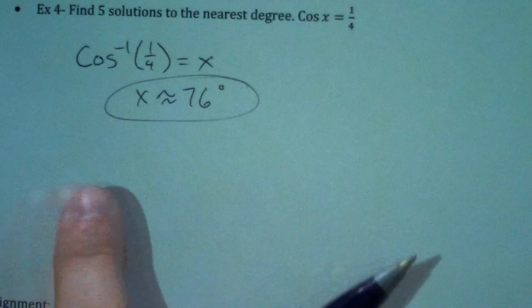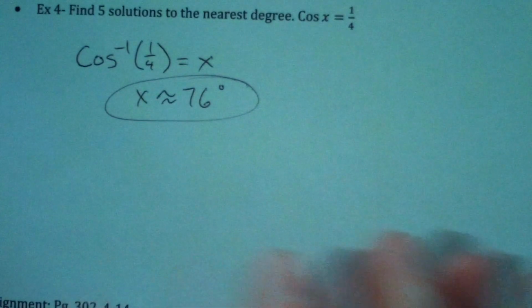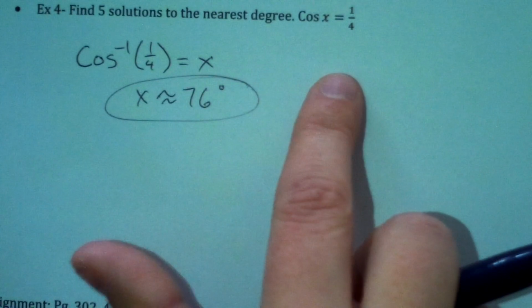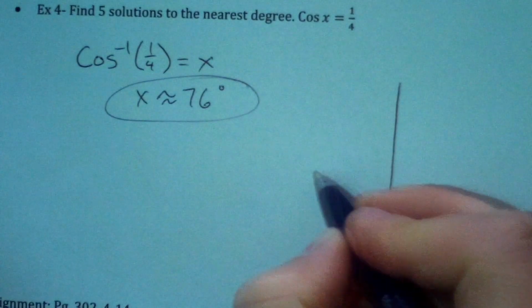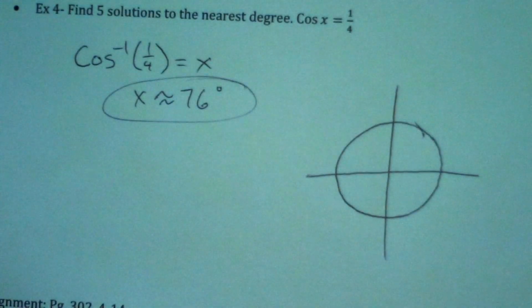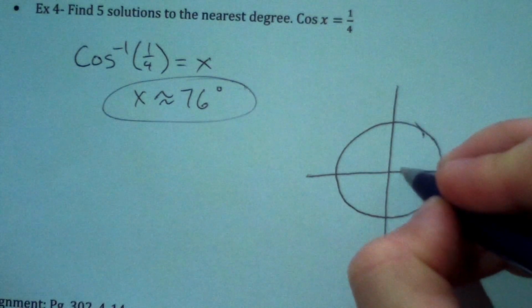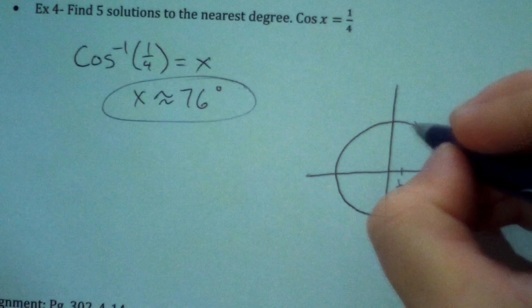And then knowing what we know about unit circles, couldn't we also have those values plus or minus 360? Because if we went a full 360 around and ended up at the same exact place, couldn't we get back to that location on our unit circle? Yeah, so you could do 360 plus that 76 value, which would be 436. So that would be another option.